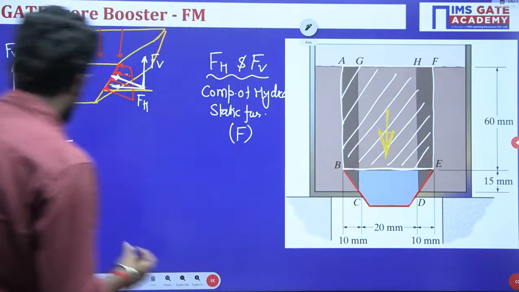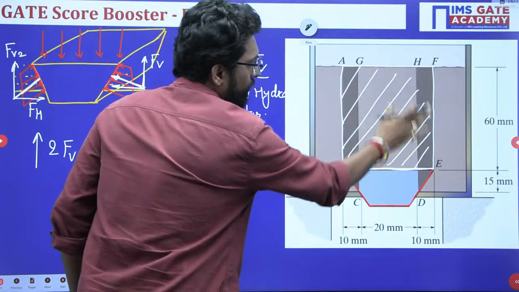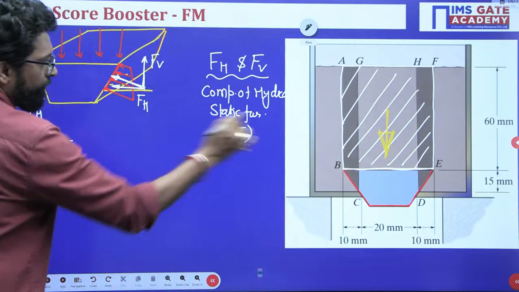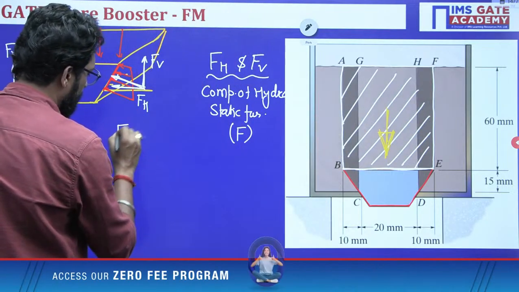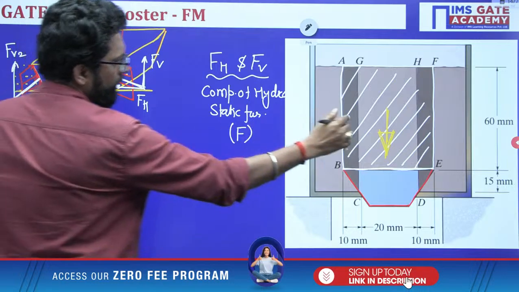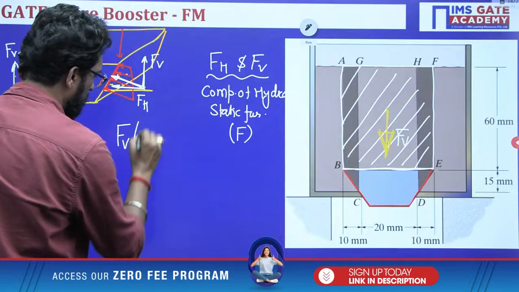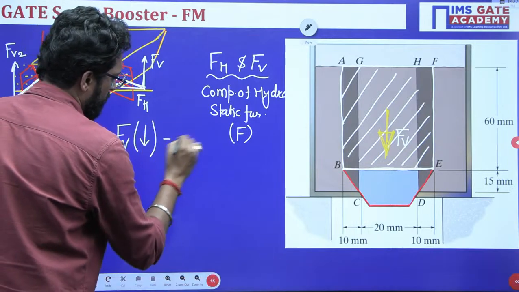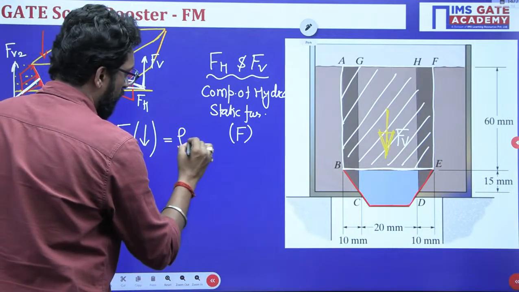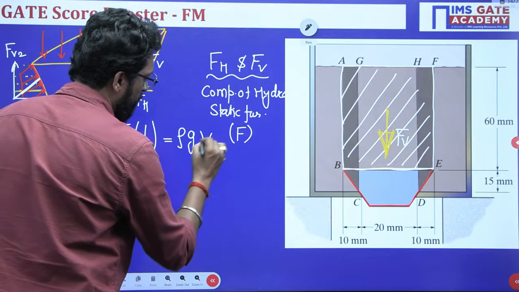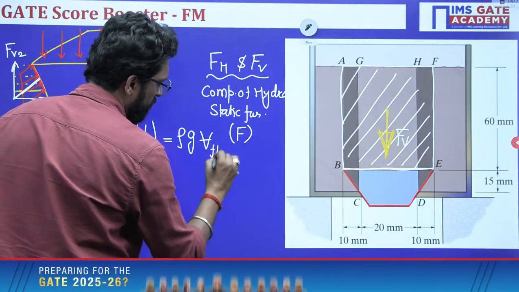Now, what is the vertical force of this one? FV, which is downward, is rho g into the volume of that fluid. Why?